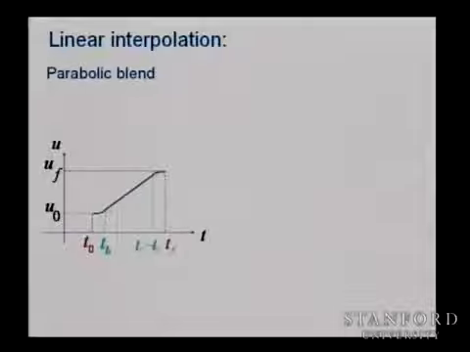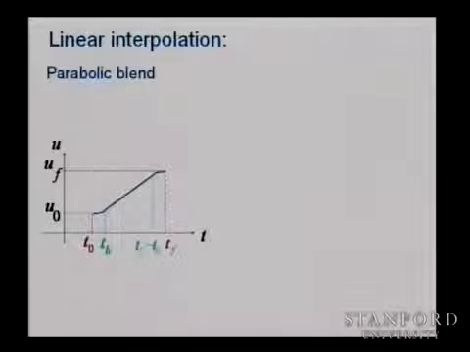Now we're going to introduce these parabolic blends that we were talking about. We have t sub 0 as the starting time, t sub f as the ending time, and then we have the blends. The first blend occurs at time t sub b, and the next blend is at time t sub f minus t sub b.